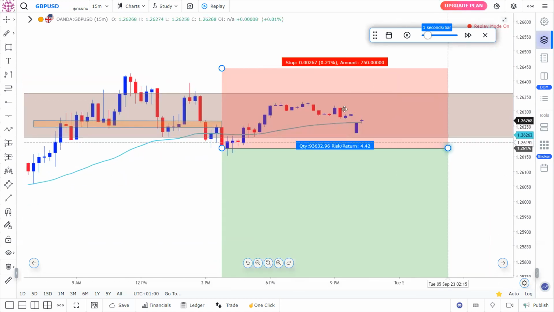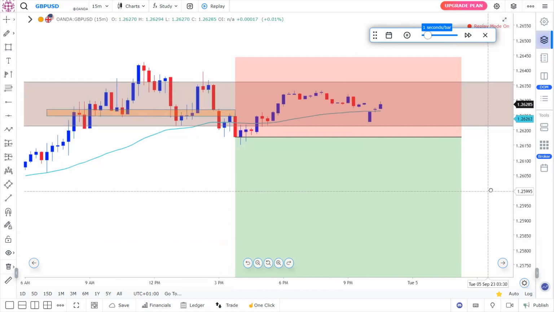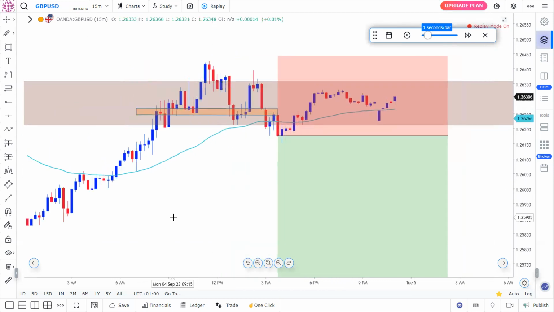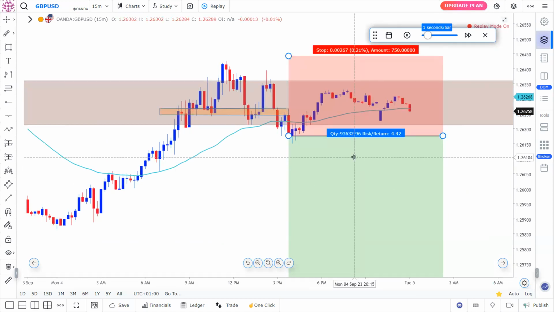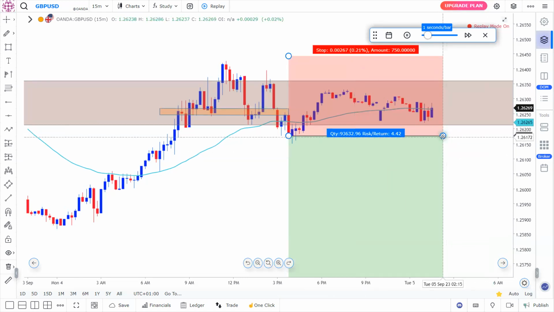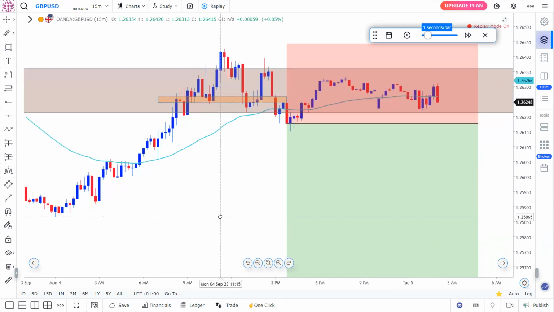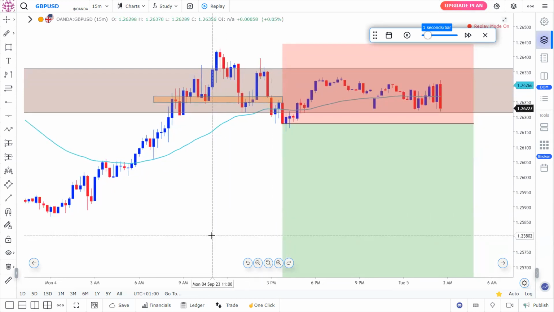So I had to deal with a bit of drawdown as soon as I entered for sell, before the bearish momentum pretty much stepped right back into the market again, moving this trade back into profit.